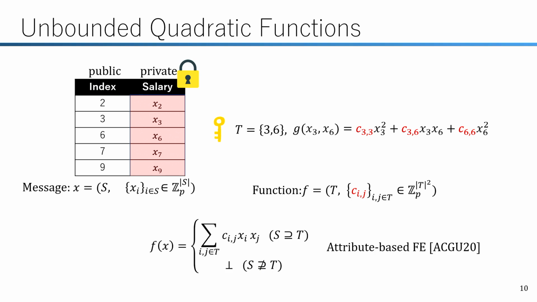So this functionality can be seen as a kind of attribute-based functional encryption, which is introduced by Abdalla et al. Because we can see S as an attribute set and T as a policy, and the relation of S and T decides the decryption condition.